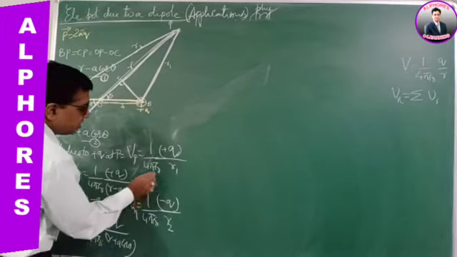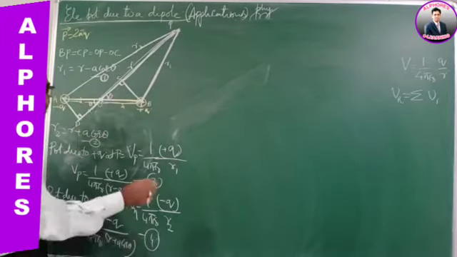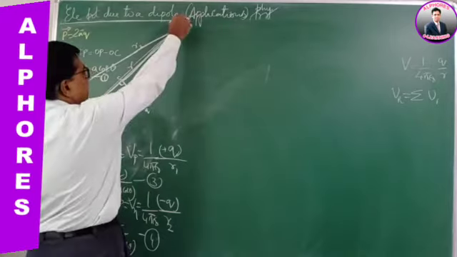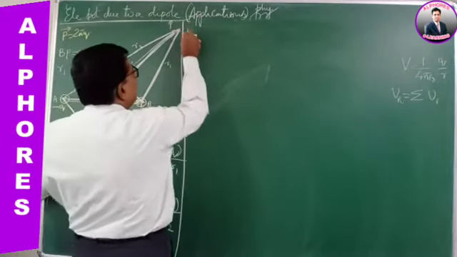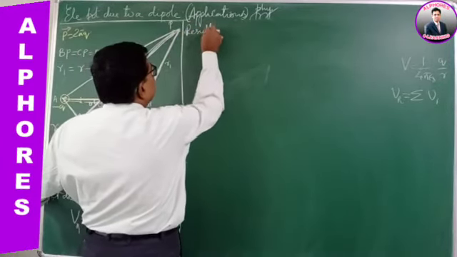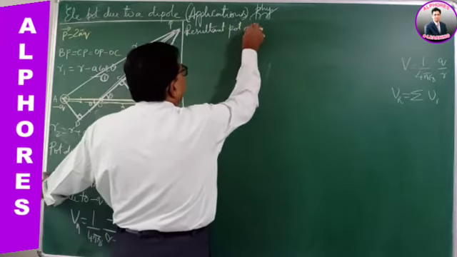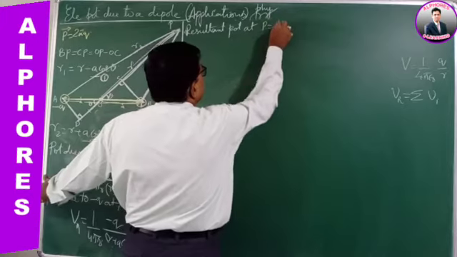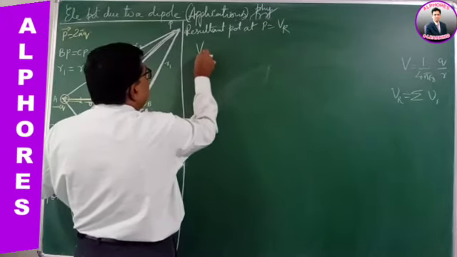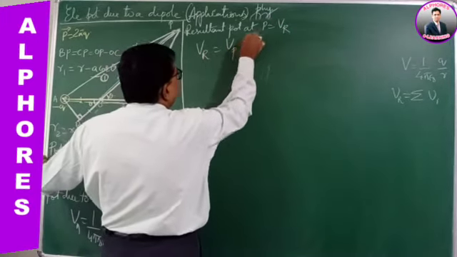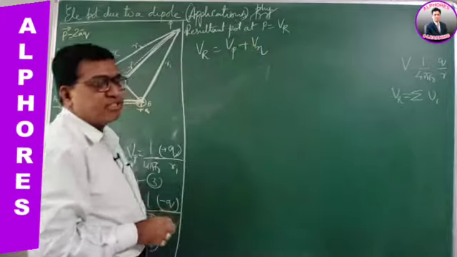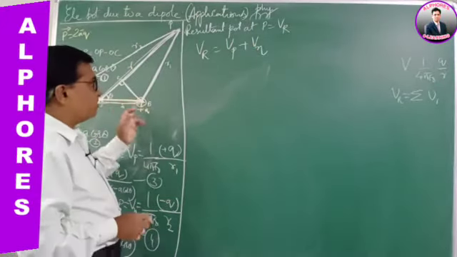So this is equation 3, this is equation 4. Now the resultant potential of the dipole at P, let this be VR. So VR is equal to potential due to positive charge plus potential due to negative charge, Vp plus Vn.